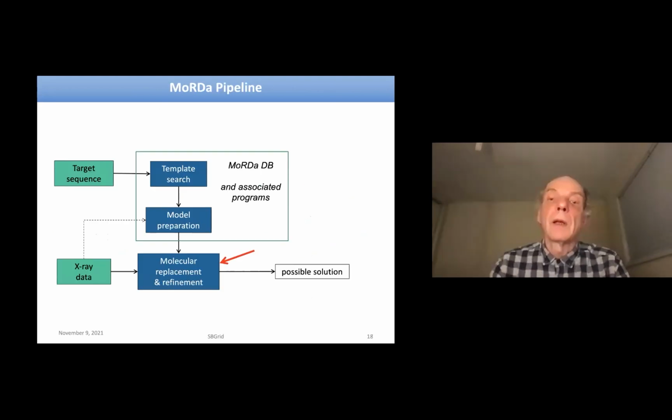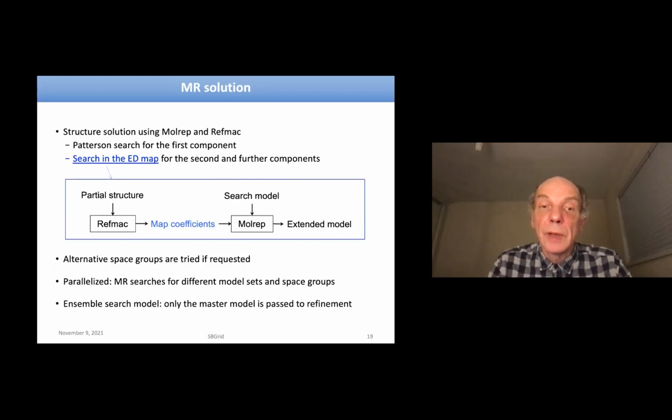Now we go to the molecular replacement search, with the whole bunch of models, and we know that there are some so-called models that are actually several models that have to be run one after another.